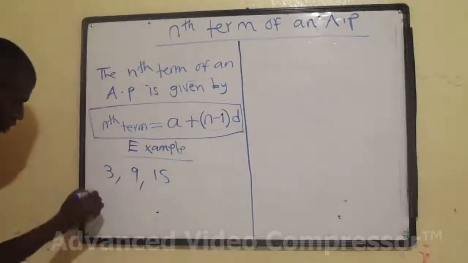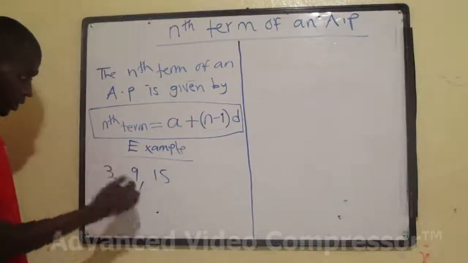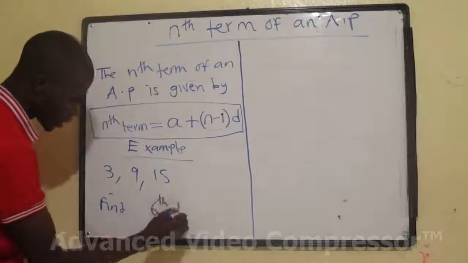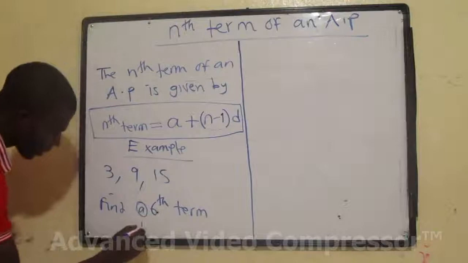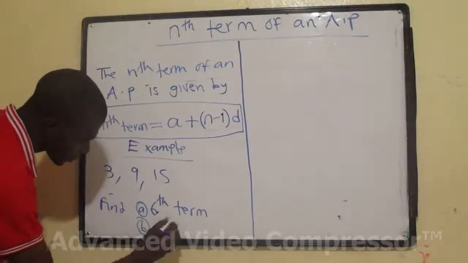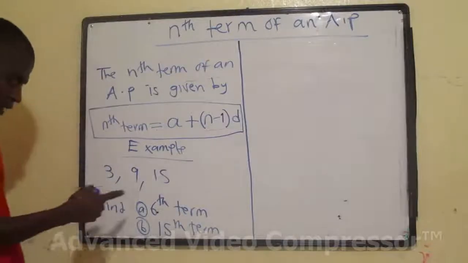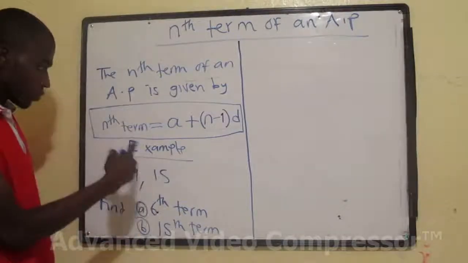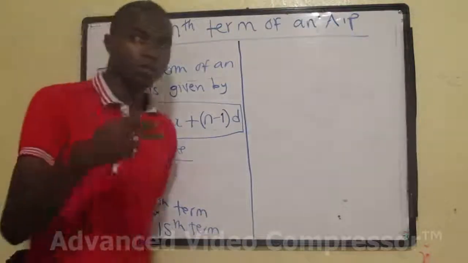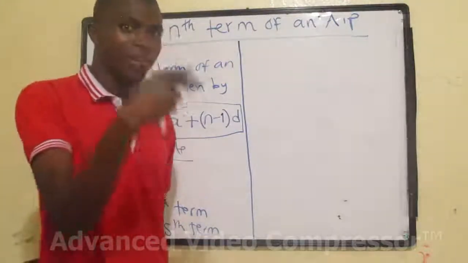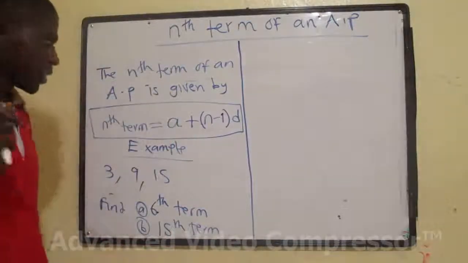Then the question is, find the 60th term as my A, then as my B, find the 15th term. If you are finding the 60th term, all you do is use this formula. But we are going to do two methods. We are going to use where we constantly add the common difference, to see if the answers that we find are going to be the same.